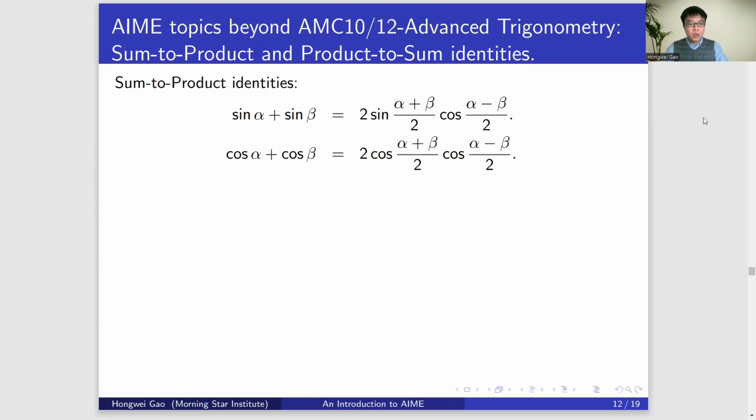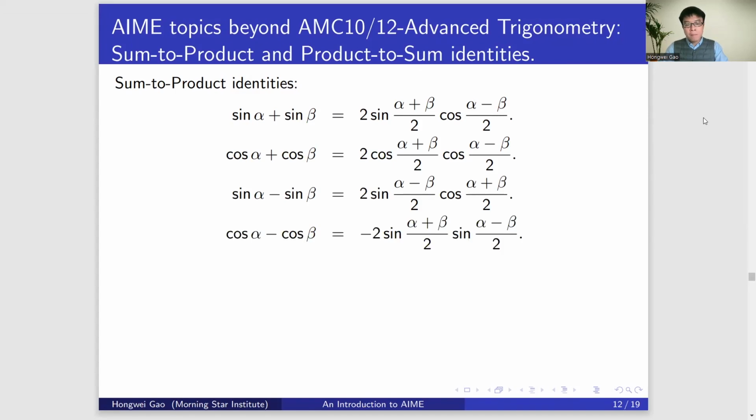Similarly, we have cosine alpha plus cosine beta, sine alpha minus sine beta, cosine alpha minus cosine beta. So each addition or subtraction on the left can be rewritten as a product on the right. These are the sum-to-product identities.